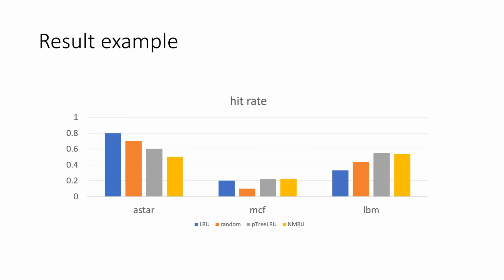We have different bars here, and each bar is a different policy, such as the most recently used policy. As you can see, for some of the benchmarks, some policies achieve the highest hit rate.